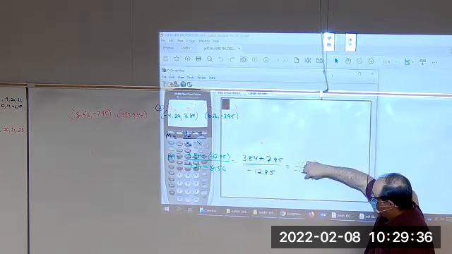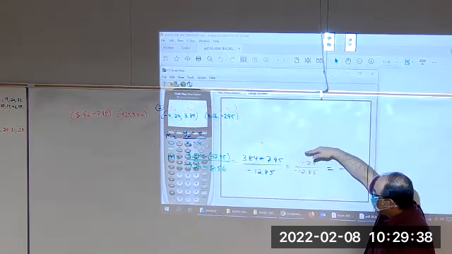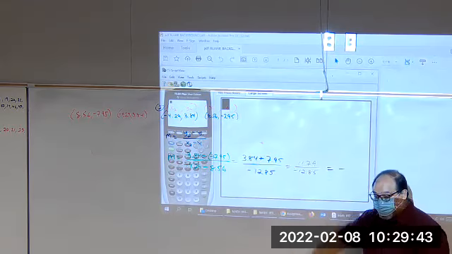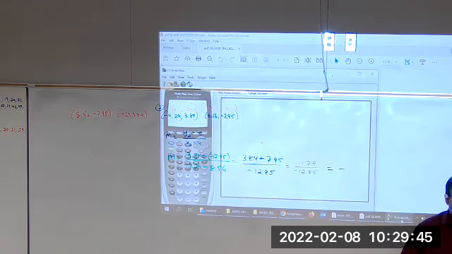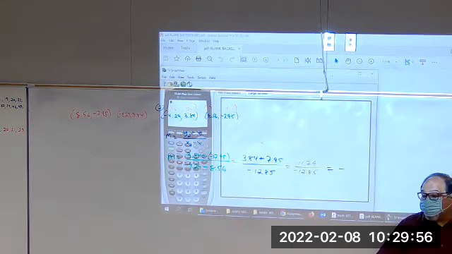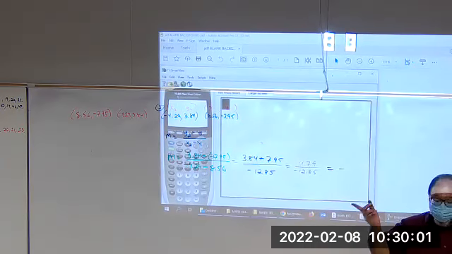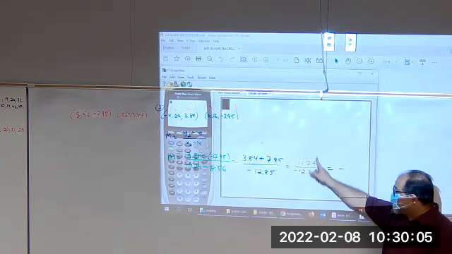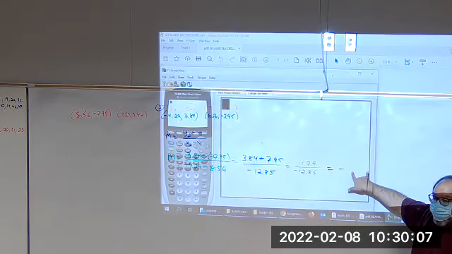So if I take a numerator and divide by a denominator that's bigger, it's less than 1. Anytime you have a smaller numerator compared to a bigger denominator, it's going to be less than 1, because the denominator can't even go into the numerator one time. If the numerator was bigger, then you can go in more than once. So when I do this division, I better get something less than 1.